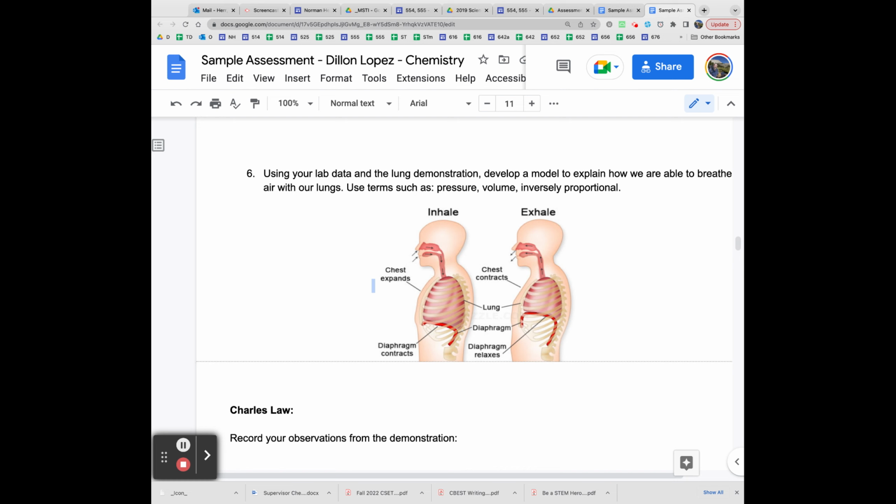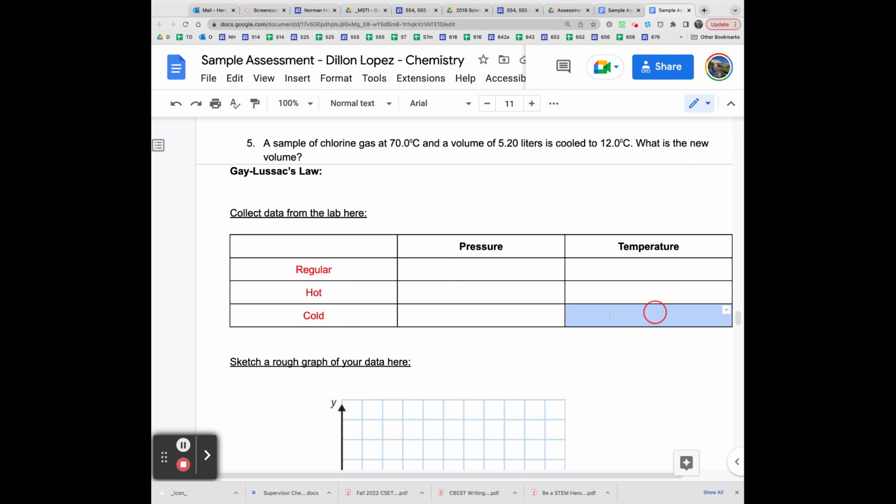And their pressure for the hot one has to be there, and their temperature for the cold one has to be there. So this is going back to the first video where they have to show them organizing and then eventually analyze the data. But you first have to organize it correctly, make sure it's in the correct tables, the correct form.